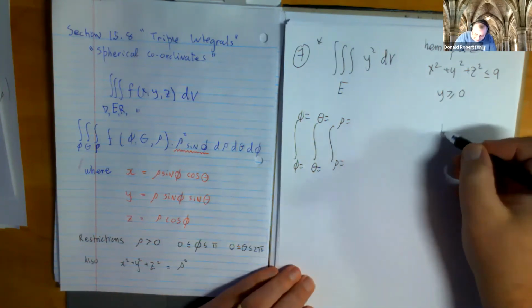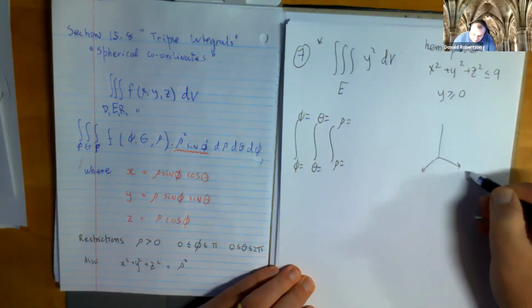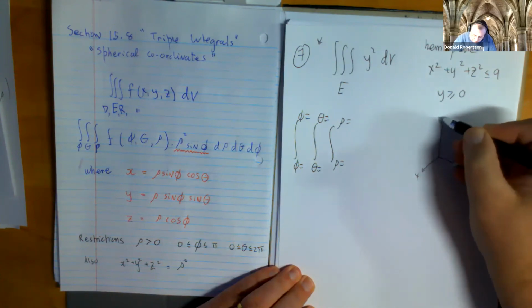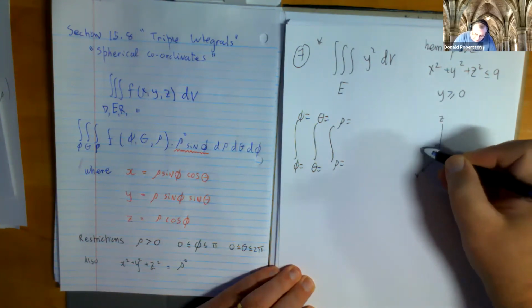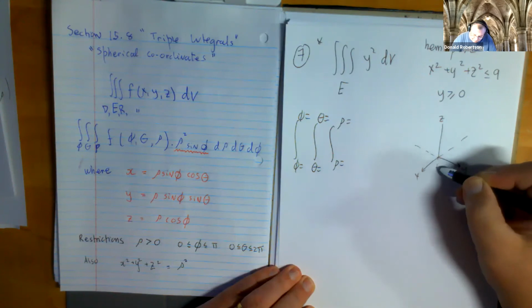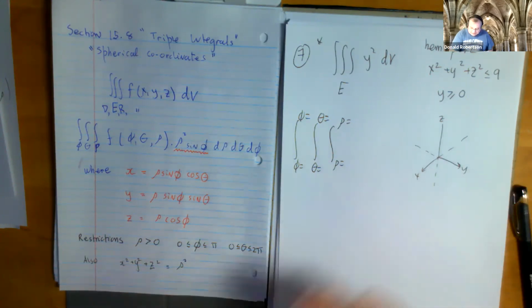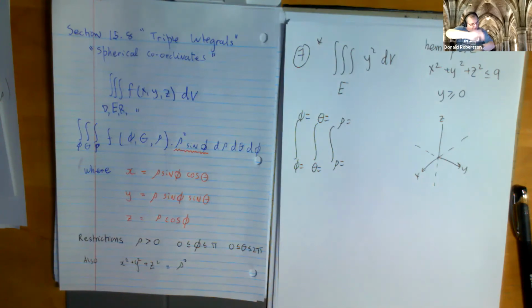The orientation of this one is quite interesting. Because if you slice it so that you get a positive y value, then which half do you get? Because if you think about a hemisphere, can you get the top half?